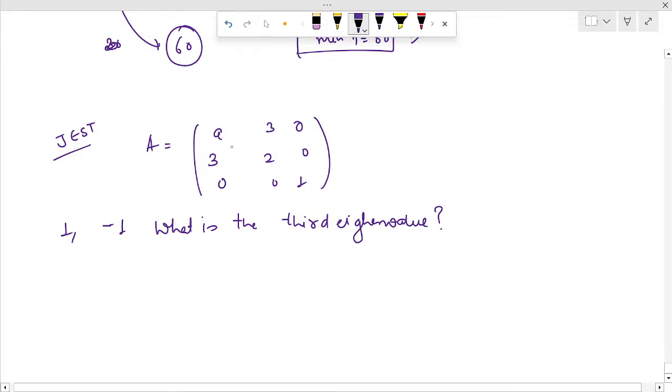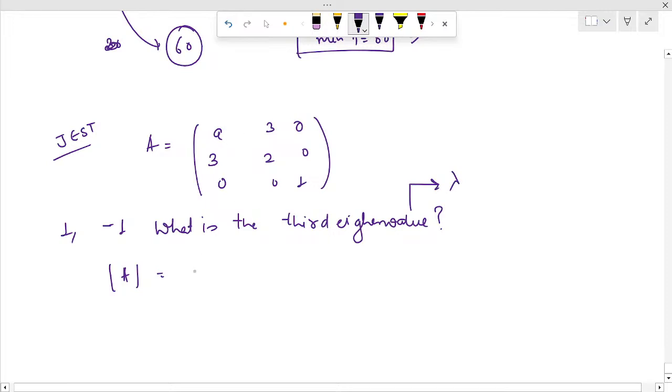So let us first find what this A is. Remember, they have given it to you. Let us first find this A, because this A is unknown in this particular scenario. This particular A is an unknown quantity. So let us first find the determinant of A. Let us say the third eigenvalue is lambda.